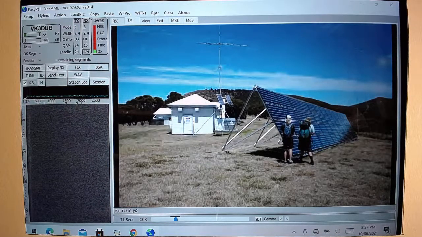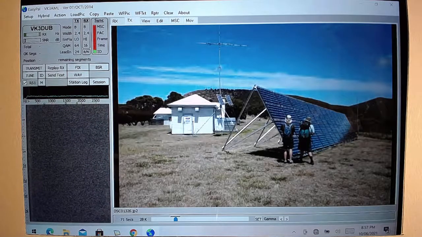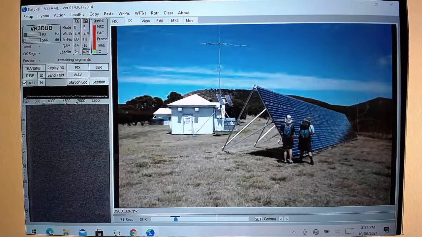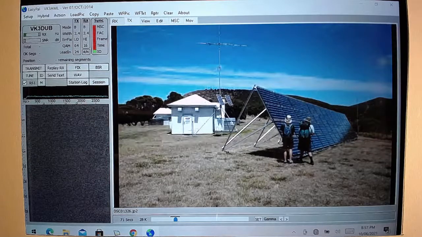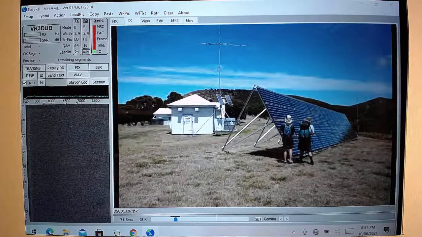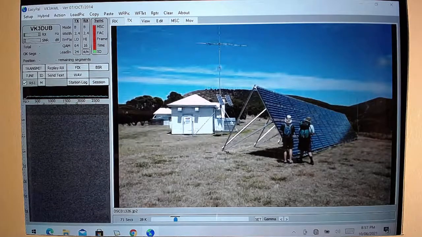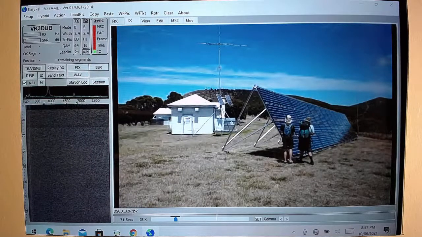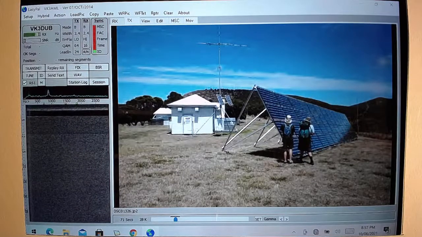Apologies for the pause, but them's the breaks. Is anybody out there actually watching the stream at the moment? Can tell me whether it's working properly? VK3AML.